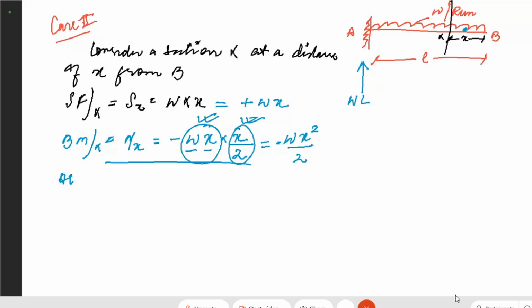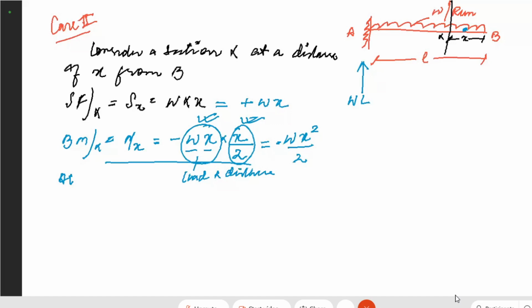But whenever you are dealing with uniformly distributed load, or whenever you are dealing with uniformly varying load, there the centroidal distance has to be multiplied. This is your load, this is your shear force multiplied by distance, centroidal distance.